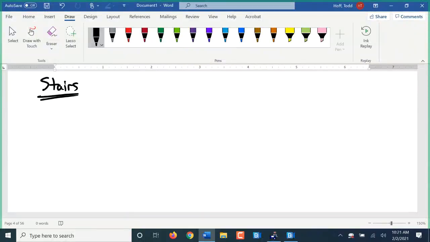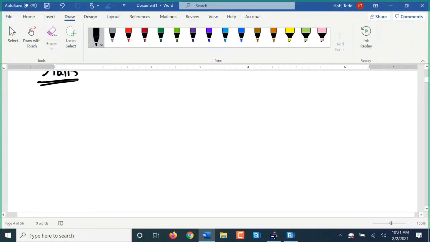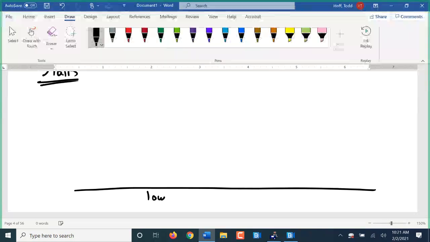So first of all, a stairway is going to go from a lower level floor to an upper level floor.